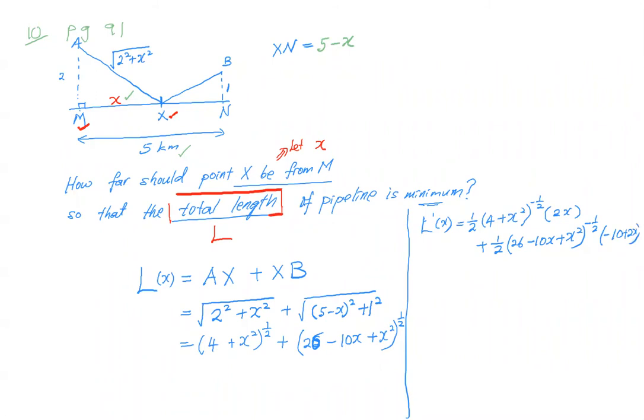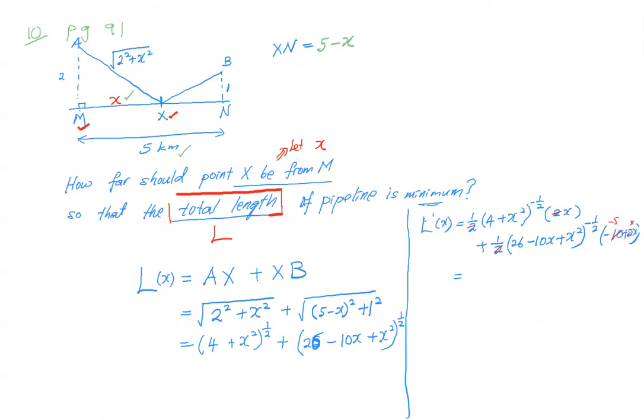Okay, so you can simplify this as the 2 and the 2 here can cancel. Same goes with here, -5, and here will become x, right?